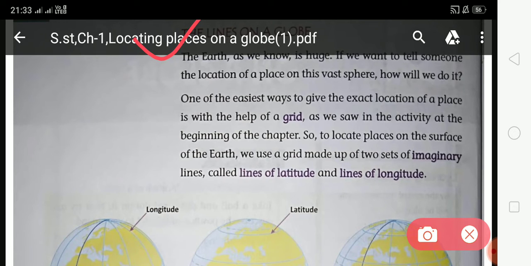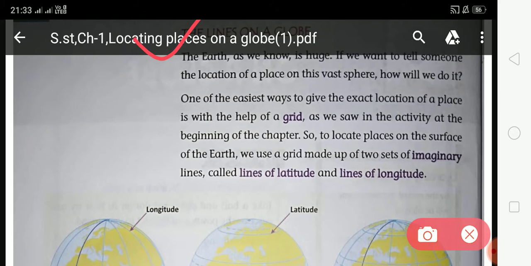The imaginary lines circling the globe in an east-west direction are called lines of latitude or parallels.